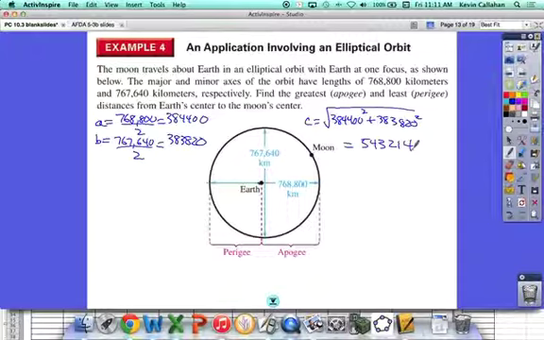Right. So in order to find the long, I took the square root already. In order to know this distance from here to here, I have to take half and then add that number, right? And then if I add that number and I subtract that number, I'm going to get this. So let me do that. 384,400 minus 5.